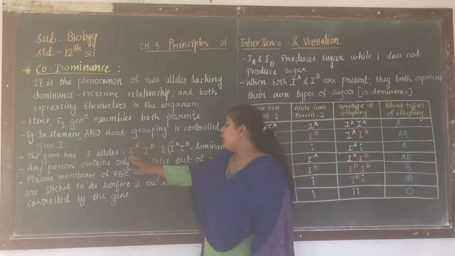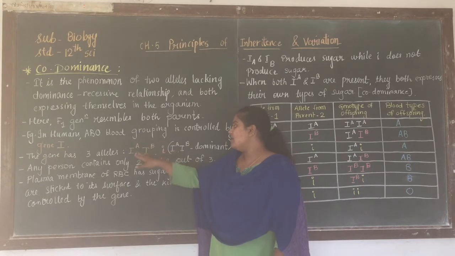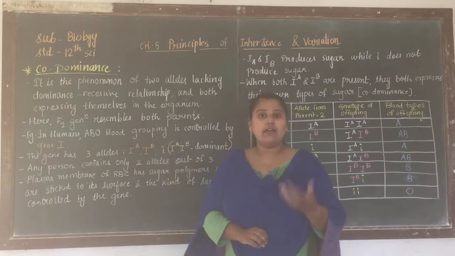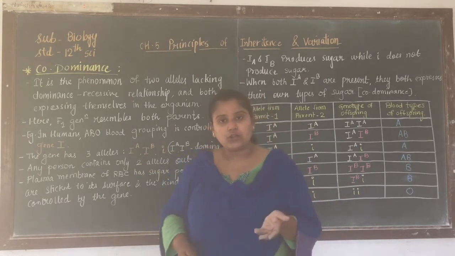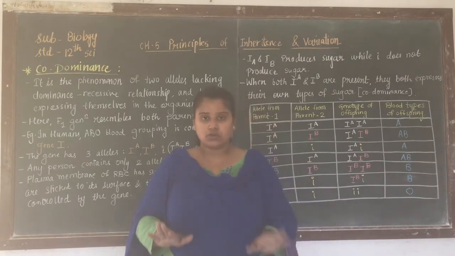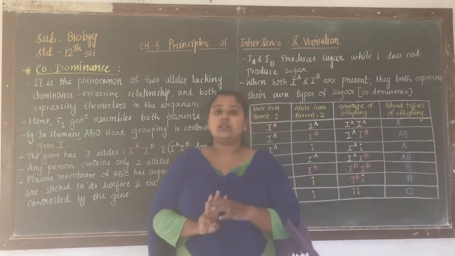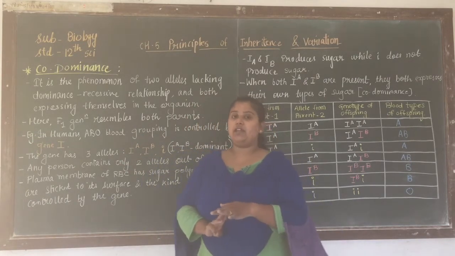So IA and IB are dominant over small i, and the gene I has 3 alleles: capital IA, capital IB, and small i.